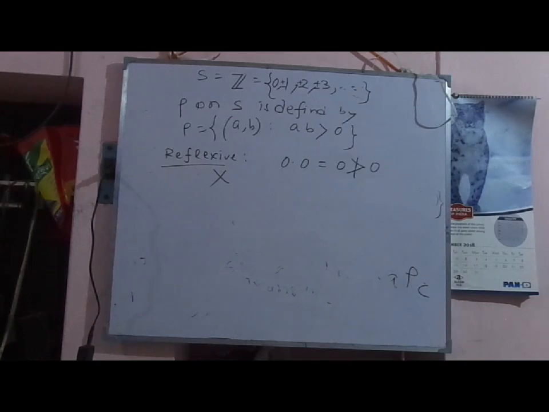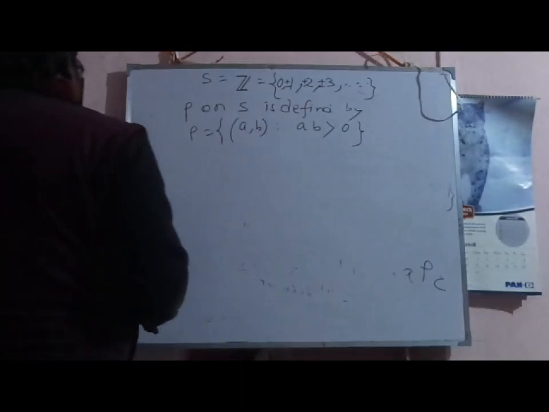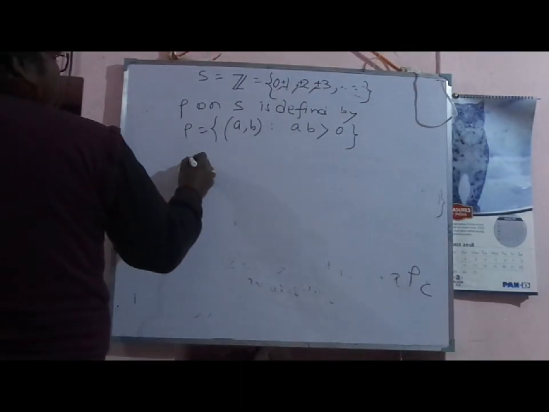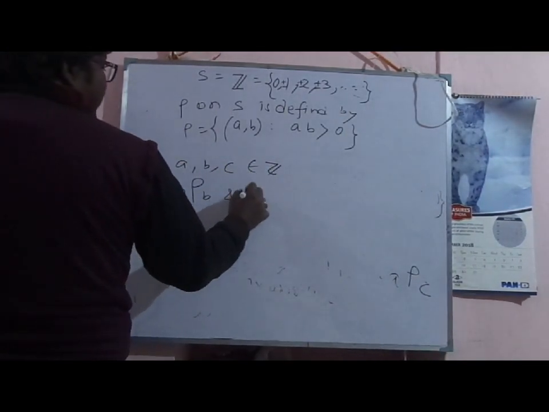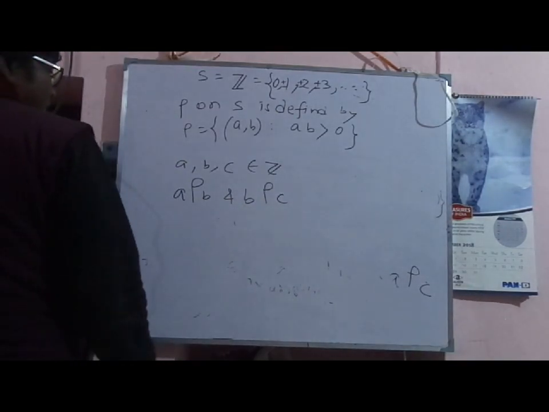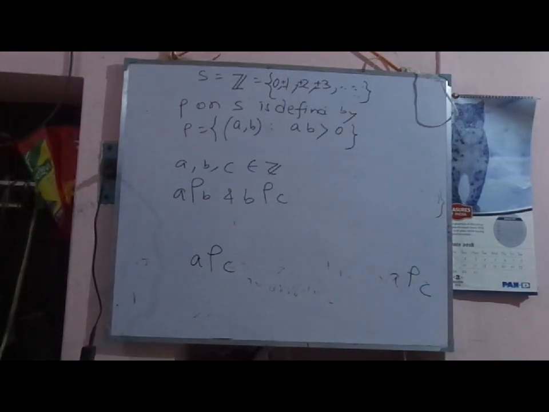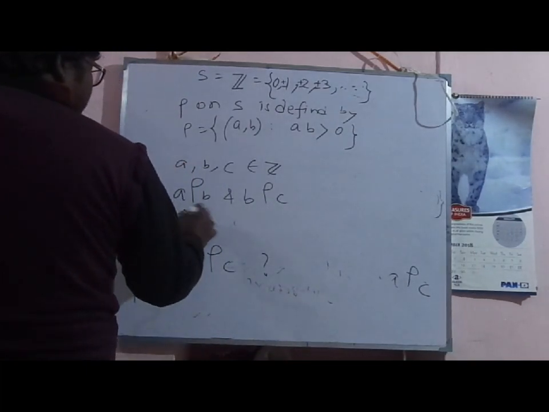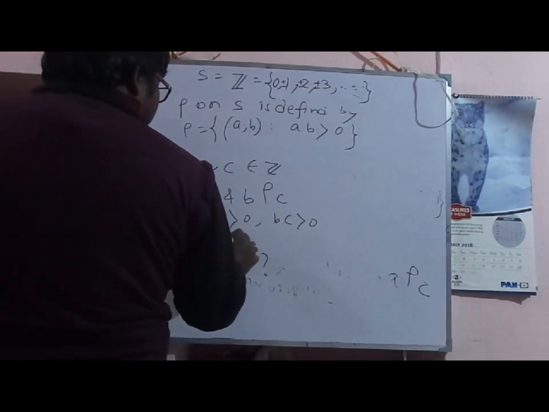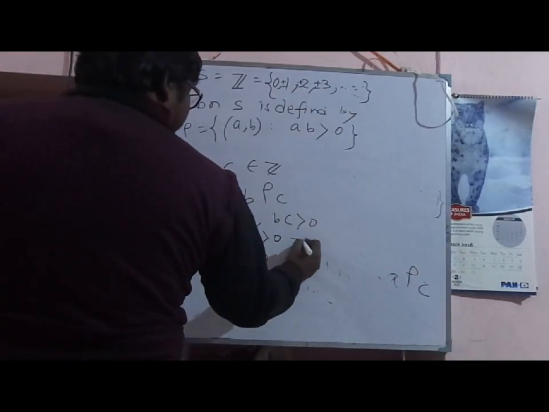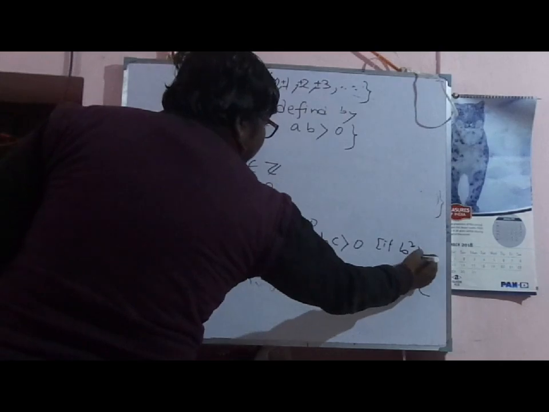Transitive case, I discuss this. Same as the previous problem, we take three elements a, b, c in Z such that a is related with b and b is related with c. Now I have to check whether a is related with c or not. This implies that ab greater than 0, bc greater than 0, implies that a b squared c greater than 0, implies that ac greater than 0 if b squared is greater than 0.